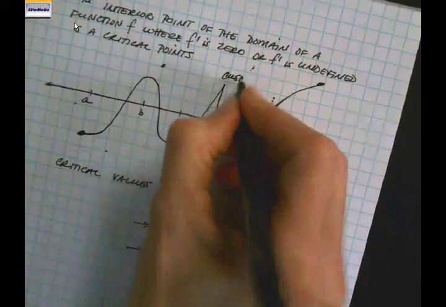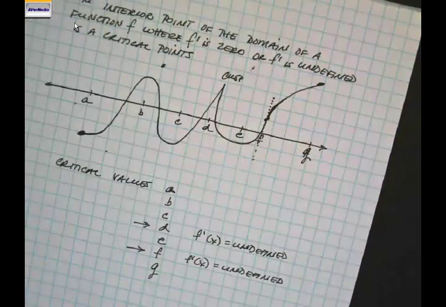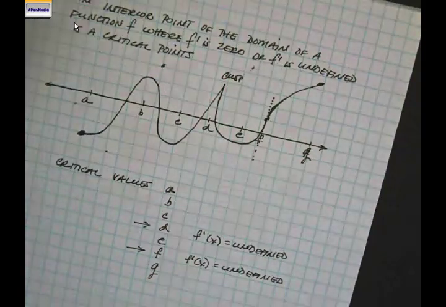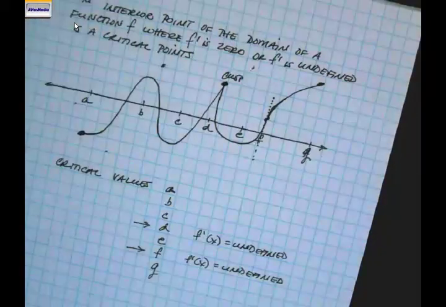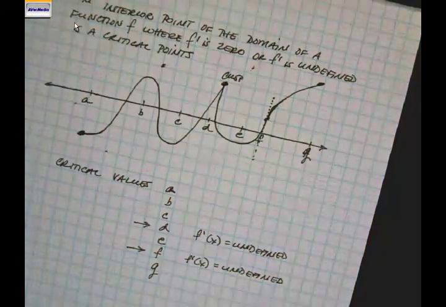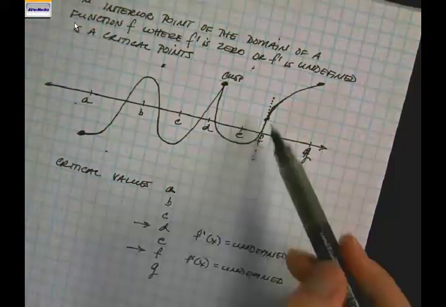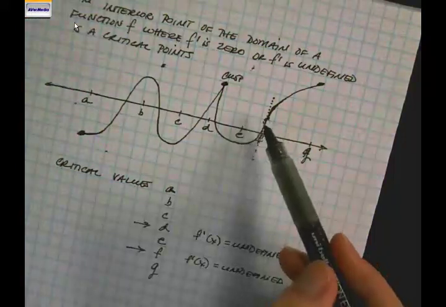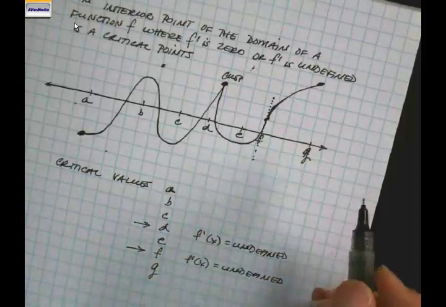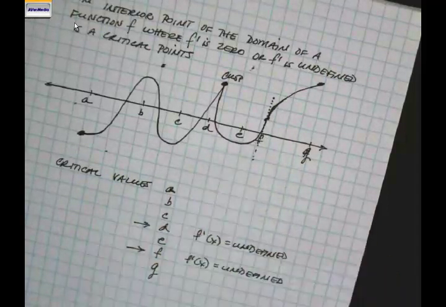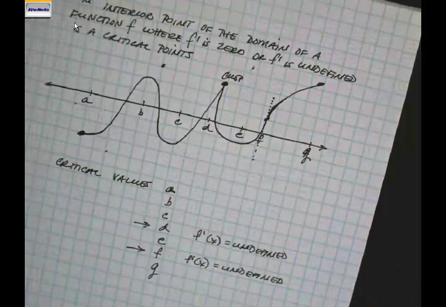So we have to consider not just where the first derivative equals 0 to find our local maxes and mins, but also where it's undefined, because right here at this cusp, I have a local max. Where I have a vertical tangent line, that's not doing anything for my local max or mins, but I still need to take into consideration all places where the first derivative is either 0 or undefined to make certain that I catch all of my local maxes and all of my mins.